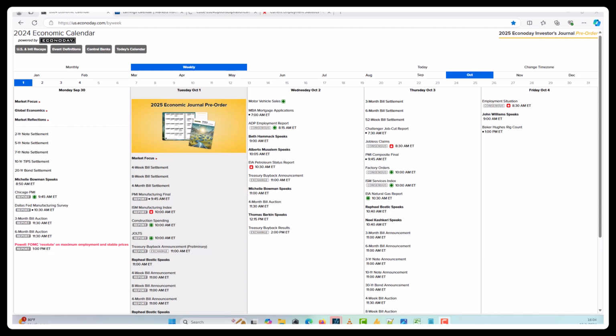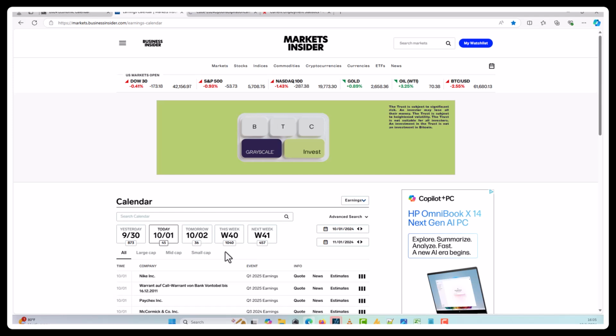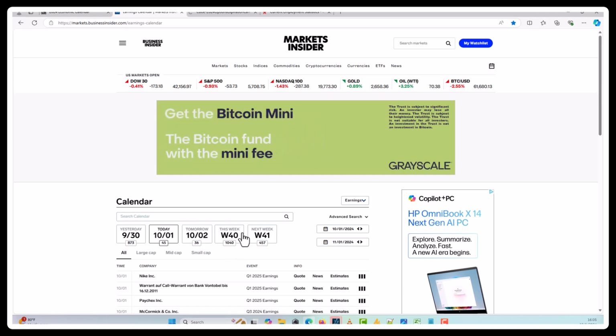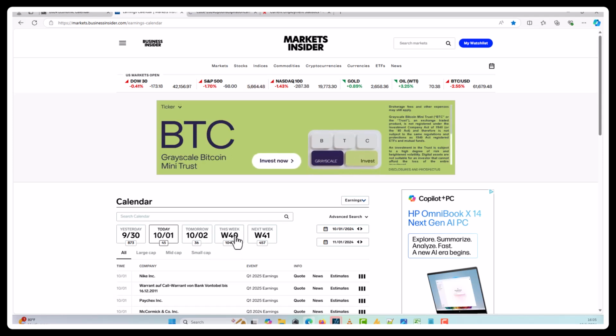And today is Tuesday, October 1st, 2024. So it's the first trading day of October, but it's the second trading day of week 40. We are in week 40, which is basically Q4.